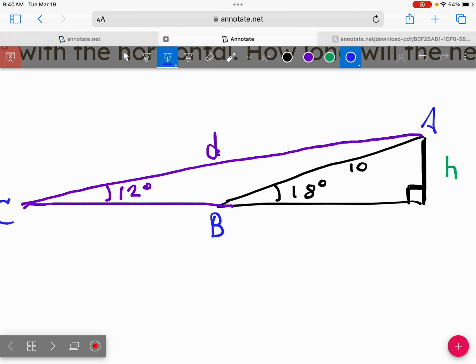Angle B. I need to know this so I can use my law of sines stuff. And do we need to know angle A? No. I don't really care.